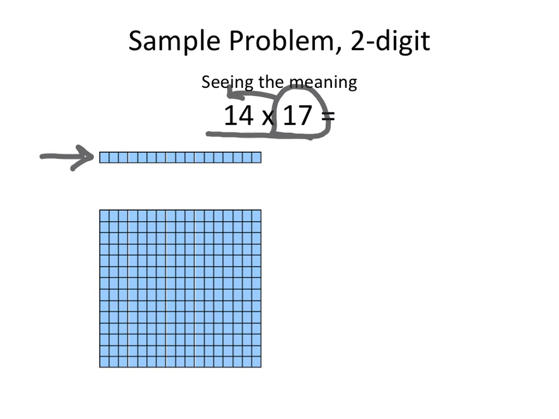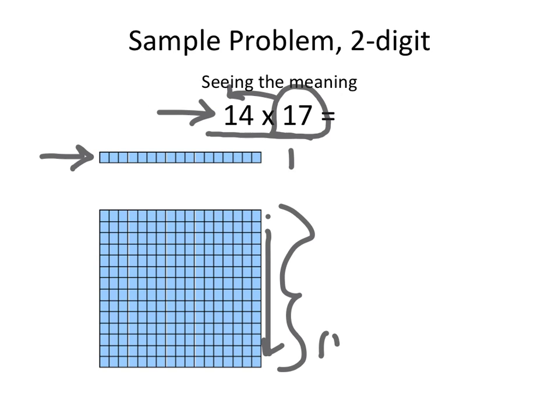That's one group of 17. Now if we take that one group of 17 and instead we make 14 groups of 17, then it looks like this, because we have one group of 17 here at the top, and as we go down we're adding more and more groups until finally we have 14 groups, 14 rows of 17 across.